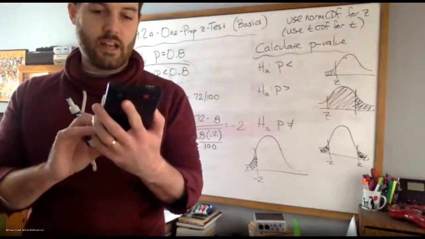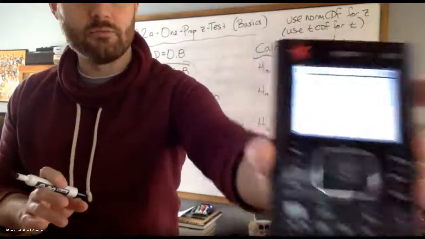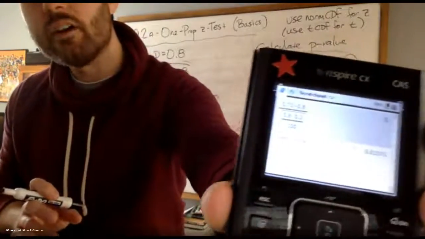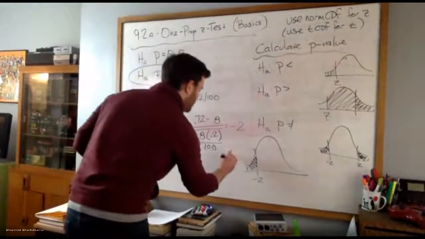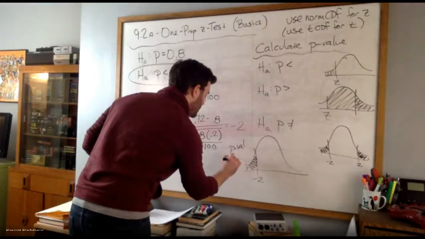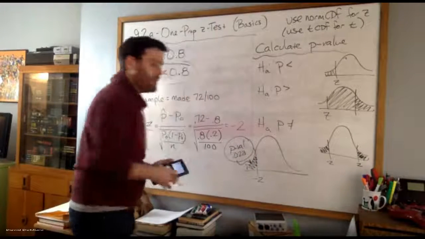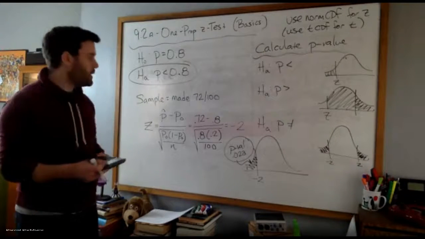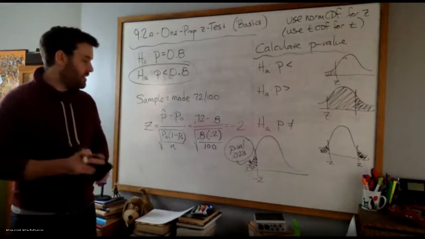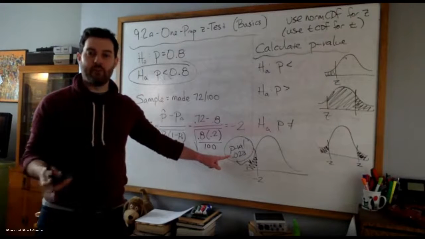You're going to hit enter, and you're going to get a p-value of 0.023. And that comes from the area of the left side of that normal curve. So if we were running this full test, this p-value would be less than our most common alpha level of 0.05.